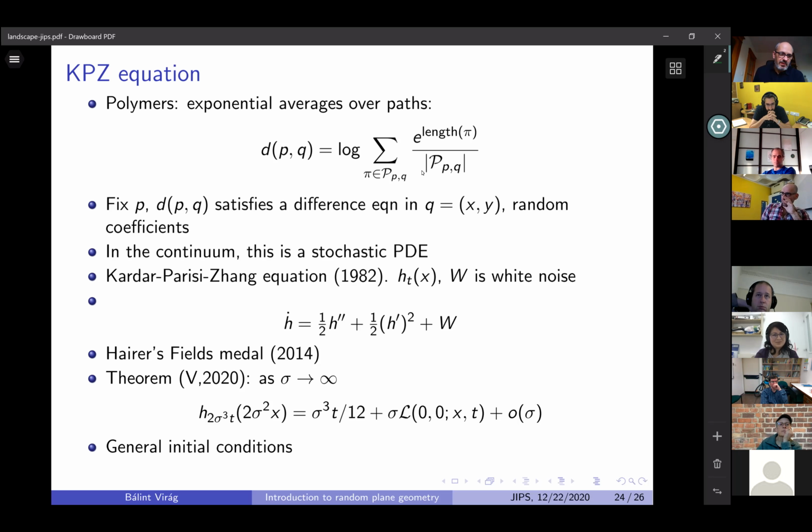This is a new result I'm a little bit proud of, because this is the equation that gave the name to the whole area. There's another proof which happened, quite amazingly, at the same time and the same place, here in Toronto. We worked independently of each other and didn't know, which is quite amazing, because Sourav, the other part of Quastel and Sarkar, was working with me on other things.